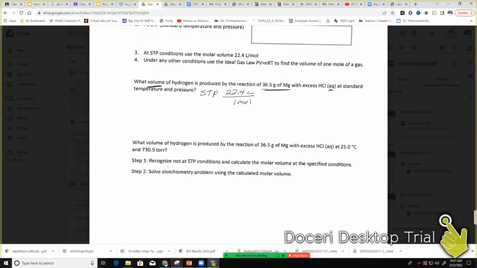The other thing that I need is a balanced equation because I'm given information about a solid, but I'm trying to find something about a gas. So this kind of tells me what their reaction is. It says that I have magnesium plus hydrochloric acid is going to give us hydrogen gas. It's the only gas I have.